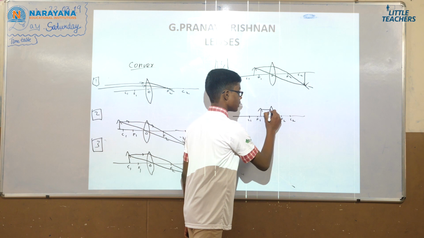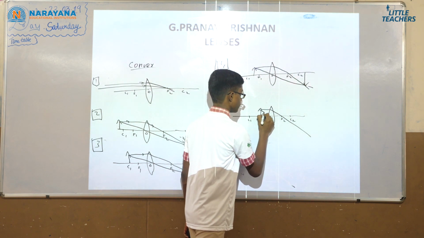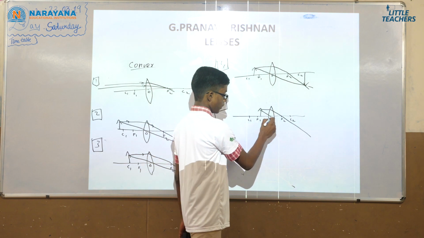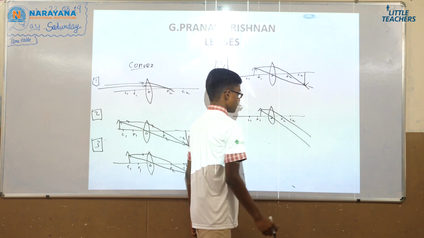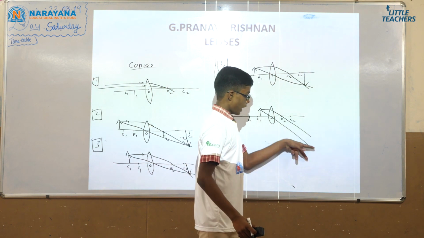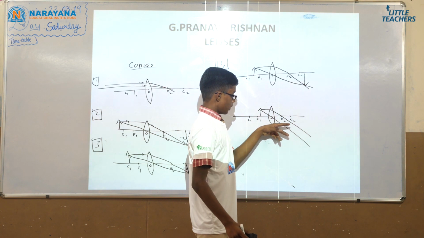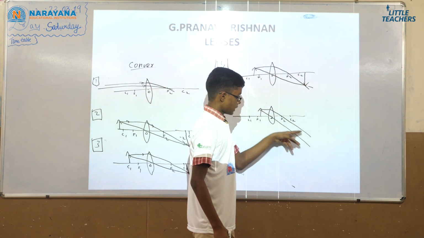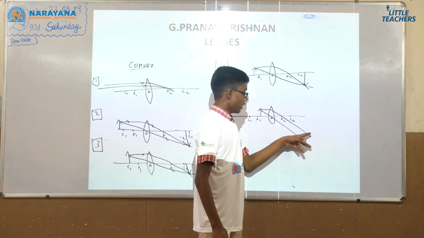This refracts, cuts the focus and goes. Consider another ray which is through the optical center. Since these two diverge from one another, there is no chance of intersecting, so the image can't be formed.